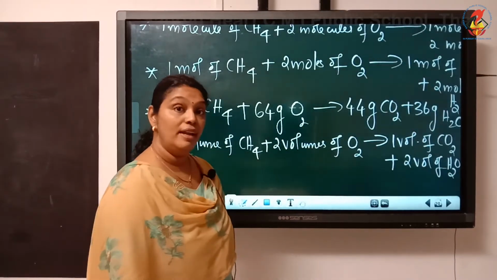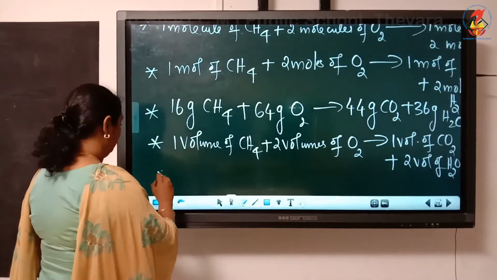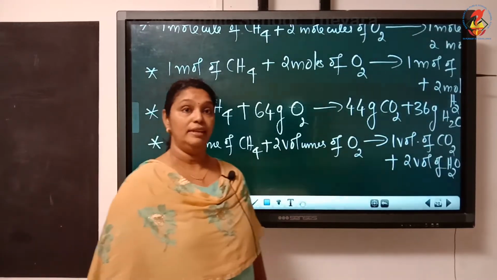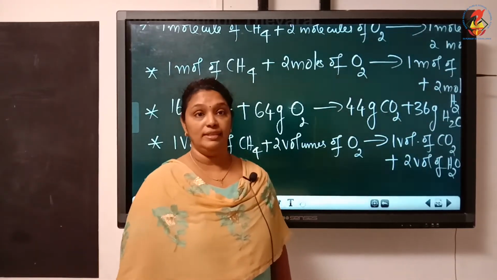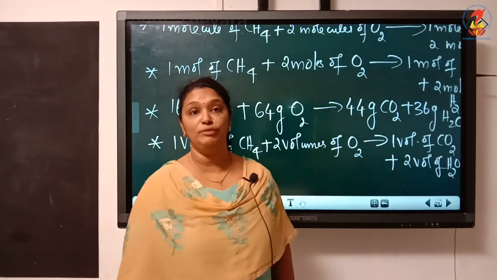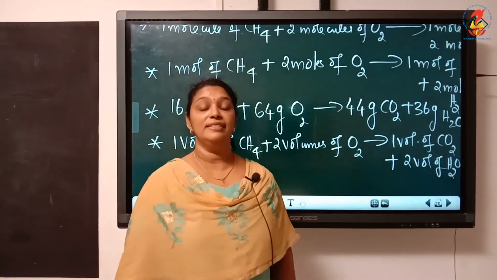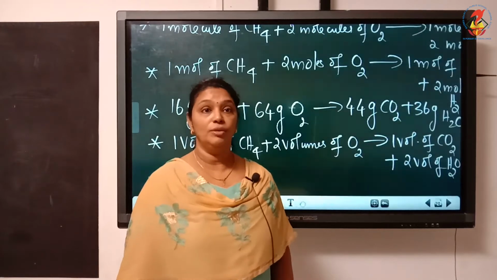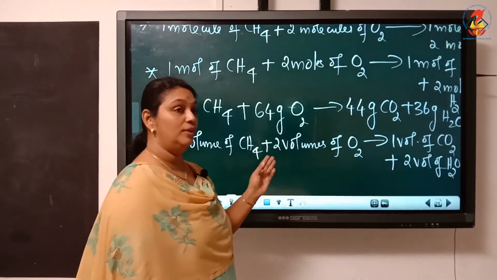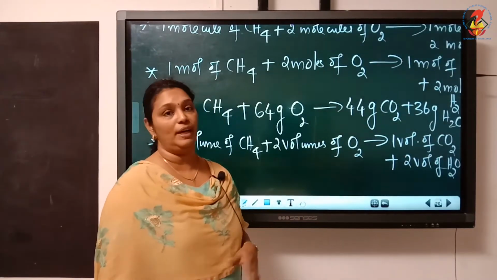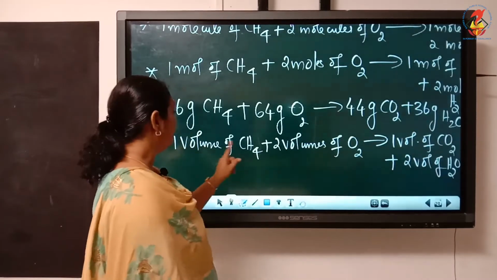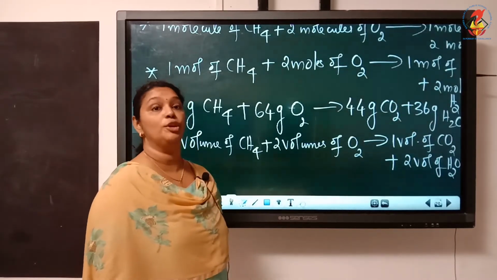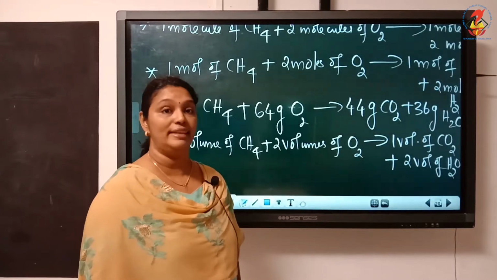Now, the last information that I can write is, we know that 1 mole of any gas occupies 22.4 liters at STP, that is standard temperature and pressure. So, if you know the volume, you can write the volume occupied by these gases. 1 volume of methane means it occupies 22.4 liters at STP.